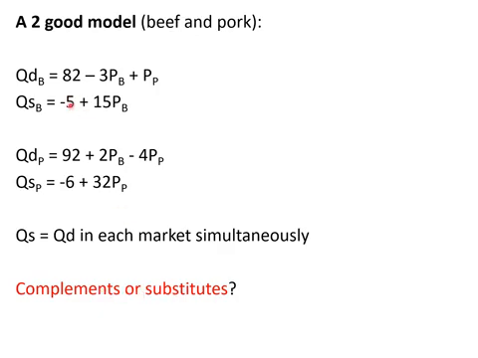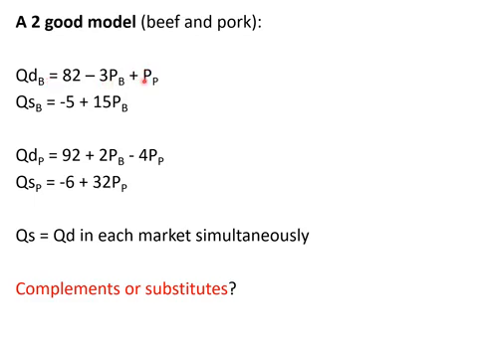So we have to look at the quantity demanded equation. And as we saw in the previous slide, the relationship between the price of beef and the quantity demanded of beef, it's negative. So as the price of beef increases, for example, quantity demanded of beef decreases.